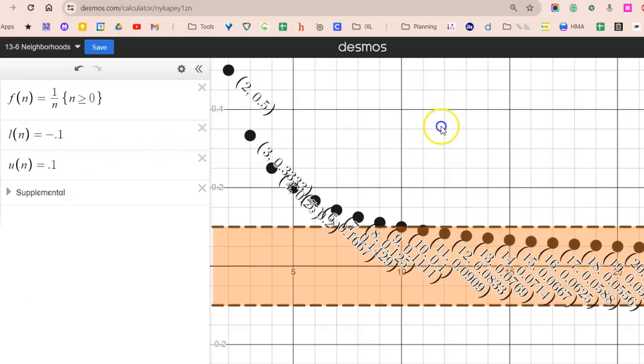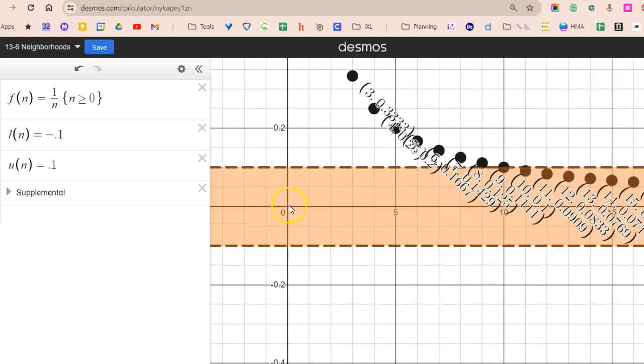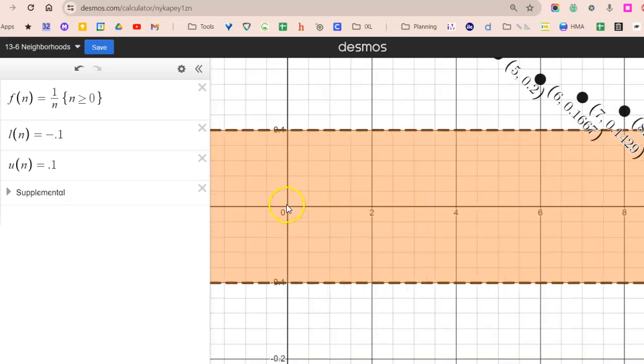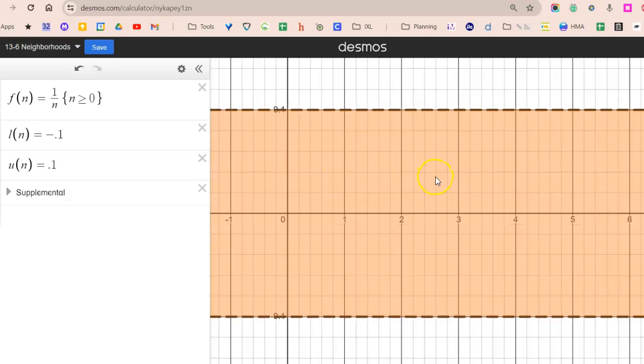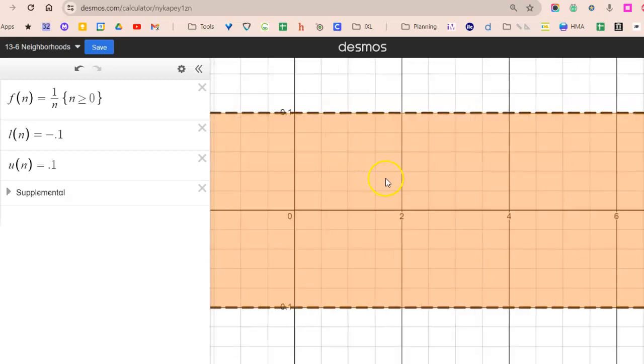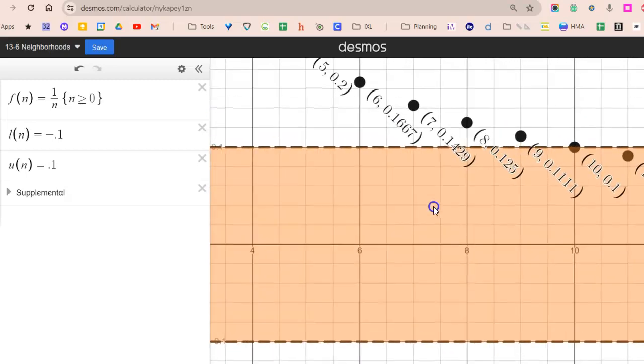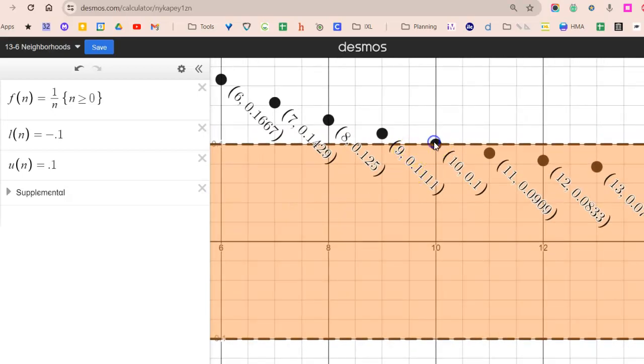You can see there's my neighborhood. There's 0 plus a 10th, minus a 10th. And once we get over here, we can see 10 is at the gate of the neighborhood, and 11 is when we're actually inside the neighborhood.